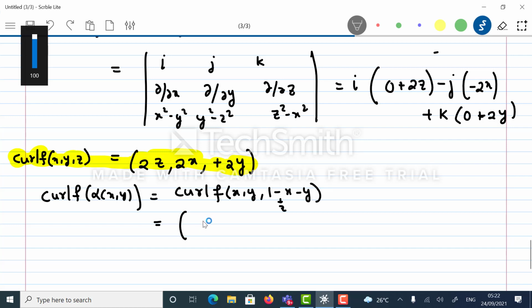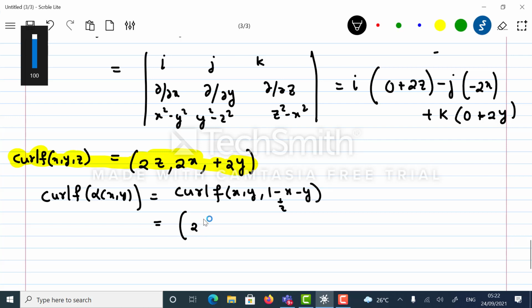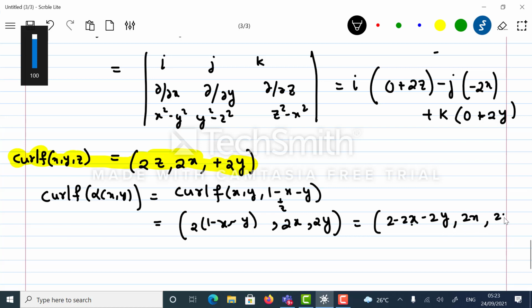So 2 times z, which is 1 minus x minus y, comma 2 times x, since x is x only here, and 2 times y, since y is y only. Okay, so curl f is basically 2 minus 2x minus 2y, 2x, 2y.